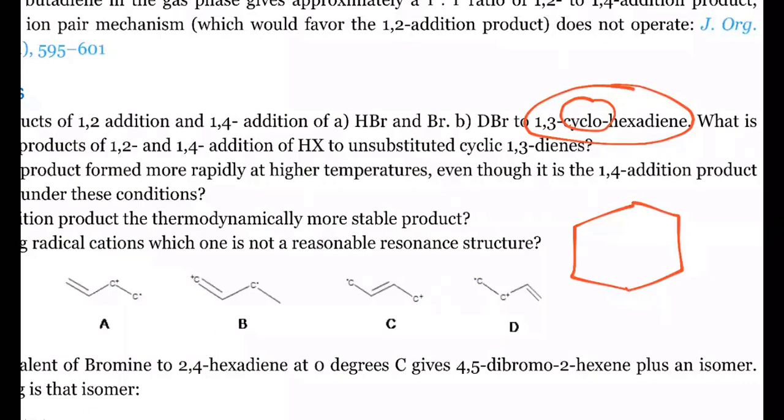And then 2 double bonds at 1 and 3. So there's 1, 2, 3, and then 4. That's how my double bonds are numbered. You can see where the 1,3 comes from because you always give the double bond the lowest number possible as far as its location is concerned.